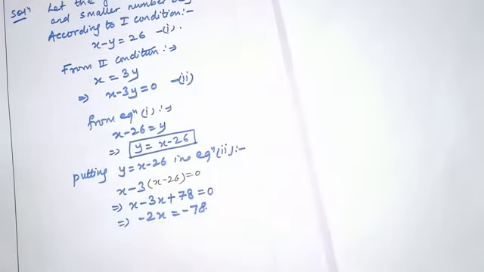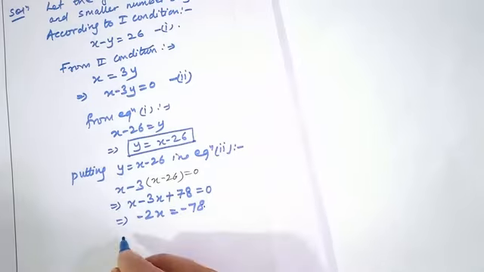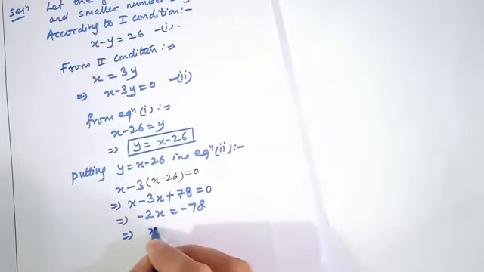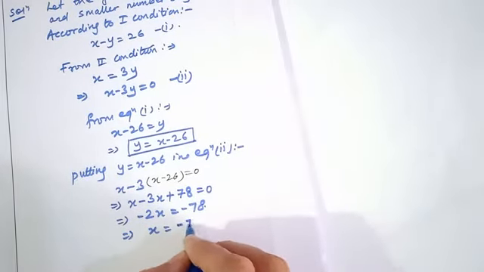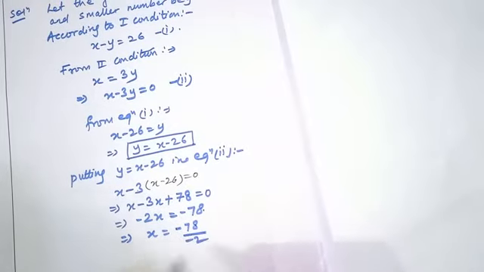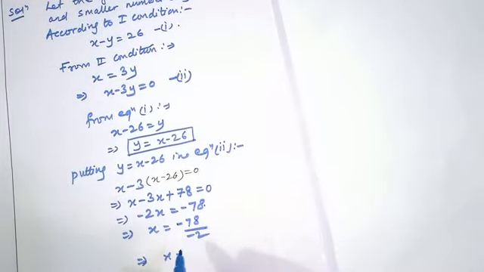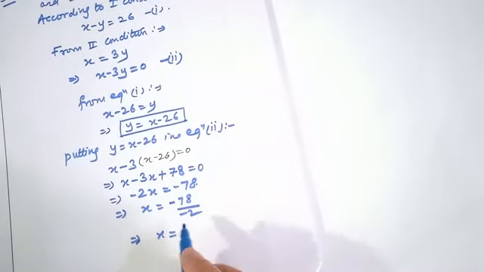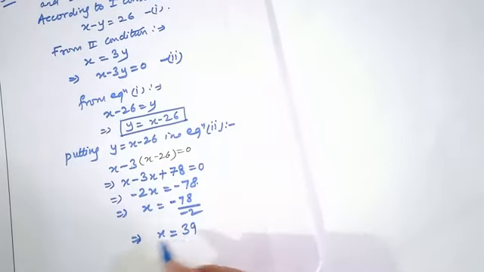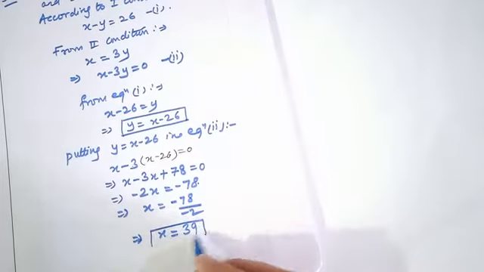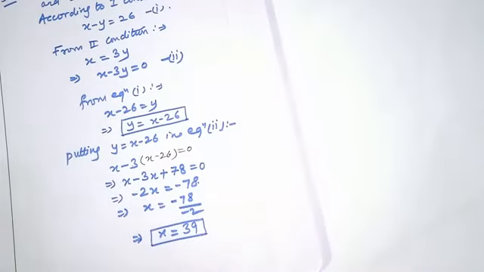Finally we get x equals minus 78 upon minus 2. So x equals, minus minus will get cancelled, and we get 39. So x equals 39.